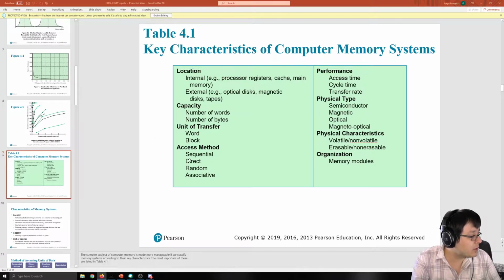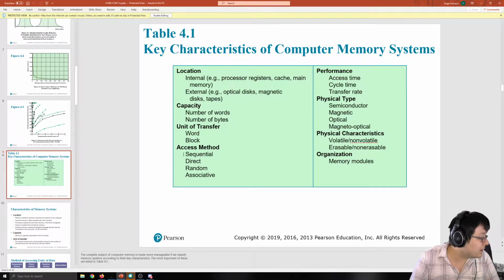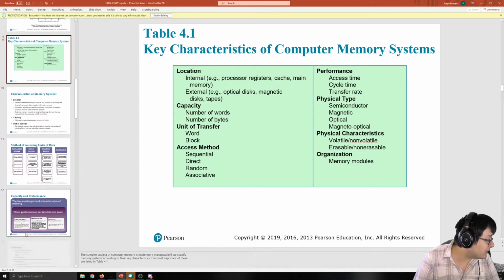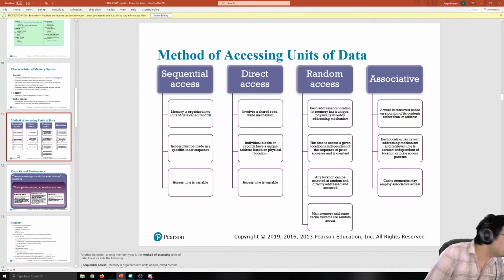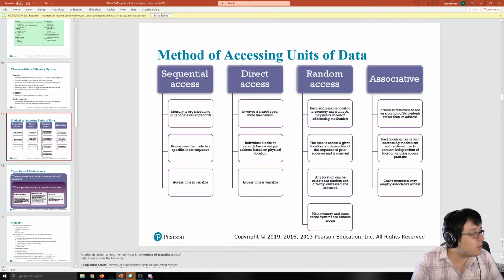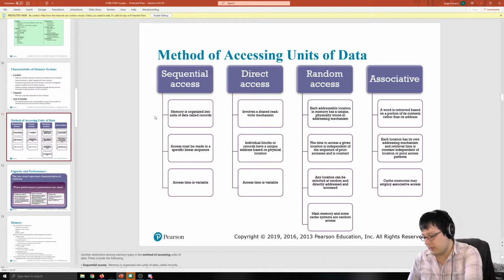Okay. So then we get the access method. Now this can be a little confusing, but in the book they have explanations of each of them. Maybe they have one here as well in the PowerPoint. Here, perfect. So different ways of accessing units of data. Okay, so this is actually kind of important to make sure that I spend a little bit of time on.